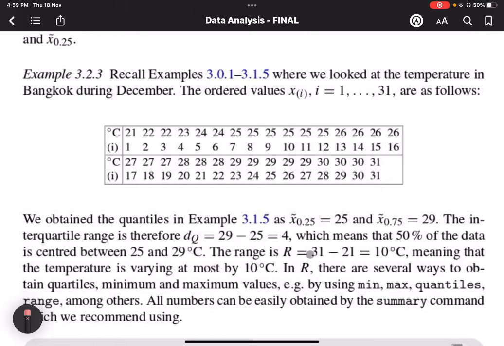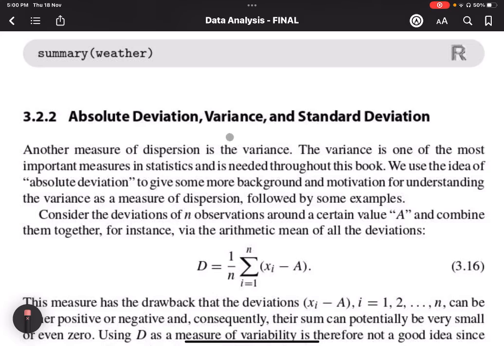The range is 31 minus 21, 10 degrees centigrade, meaning that the temperature is varying at most by 10 degrees centigrade. We go now with absolute deviation, variance, and standard deviation.